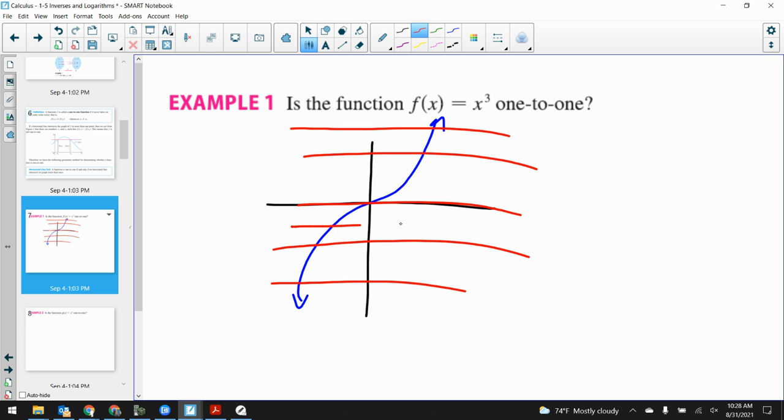I can draw horizontal lines till the cows come home, and it will only ever hit once along this graph. That means that x to the third is one-to-one. Yes, it is one-to-one, because it not only passes the vertical line test, but it also passes the horizontal line test. That means that the inverse of the function, which we'll talk about how we find in a second, is also a function. The inverse of x to the third is also a function.